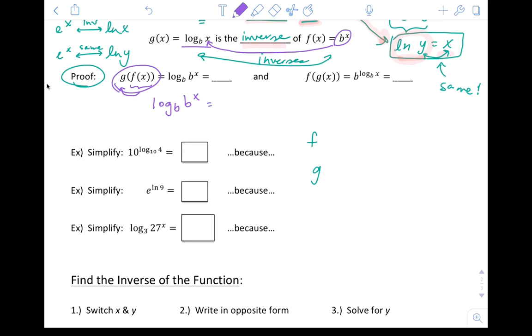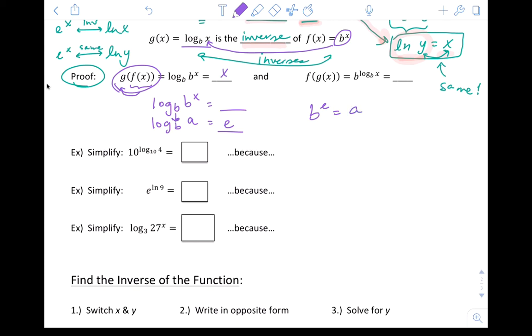So the question is, how do I know that's going to equal x? Because that's what the goal is, to make sure it equals x to prove inverses. Okay, well, now we're going to think it through. Log is base, answer, exponent. Exponential is BIA. A base to an exponent equals an answer.